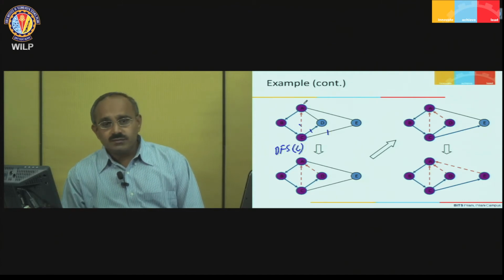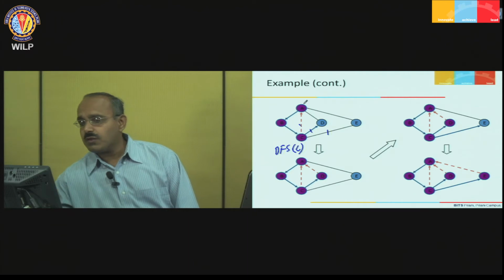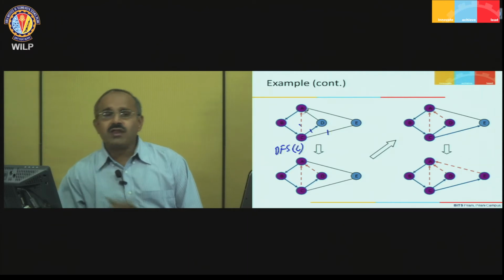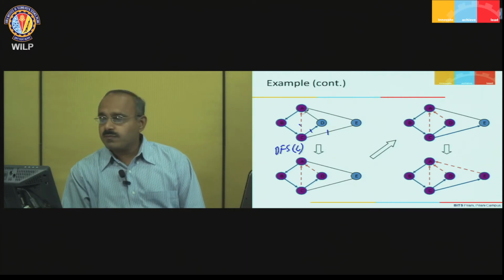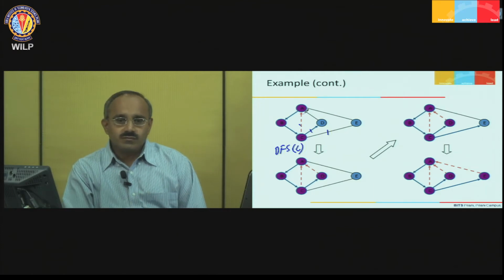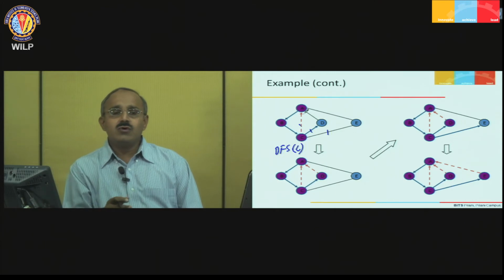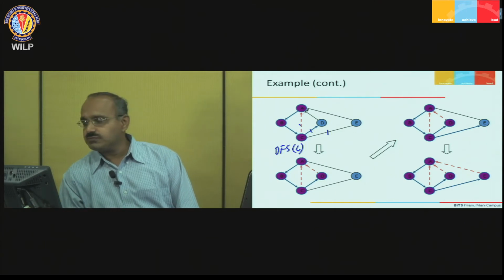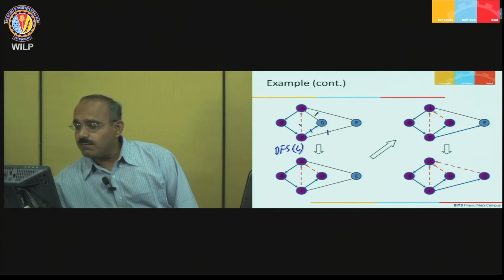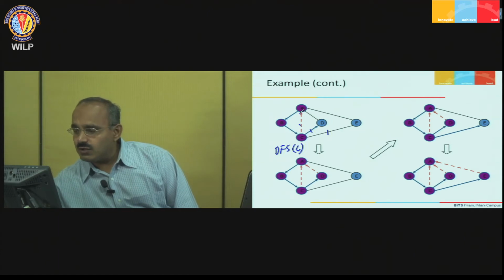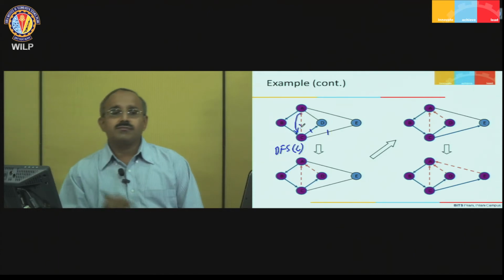So, we skip that or we mark this as a back edge, because this does not take you to a new point in your search. So, at this particular point you come back to D.